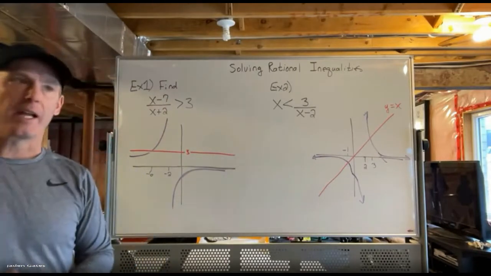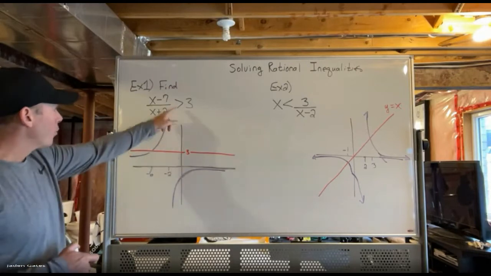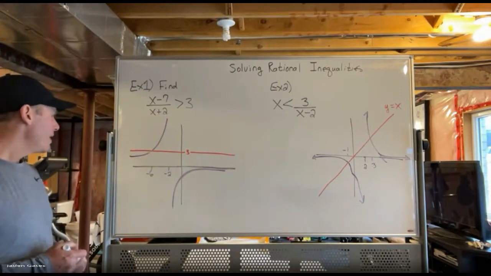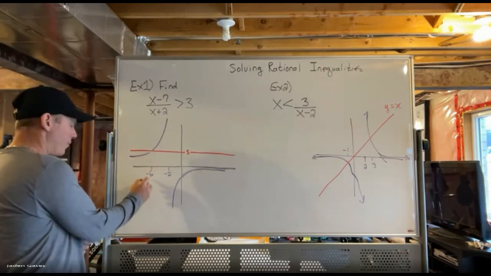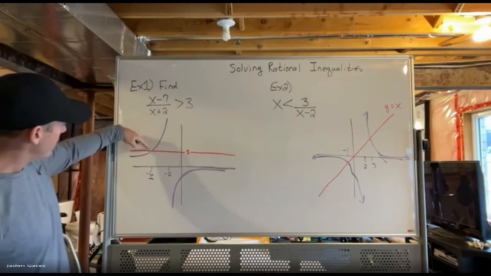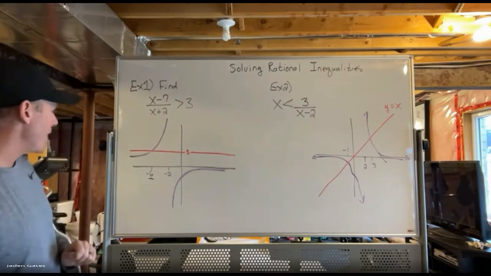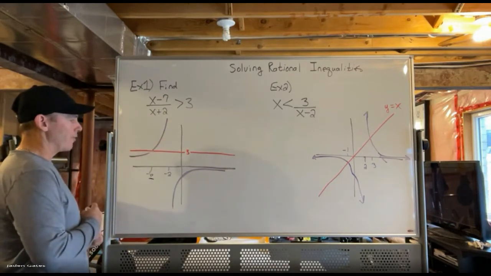Graphically, what we're looking at here is when is the function in purple greater than the function in red. At -6, this graph goes higher than our red line, but then stops at that vertical asymptote of -2.